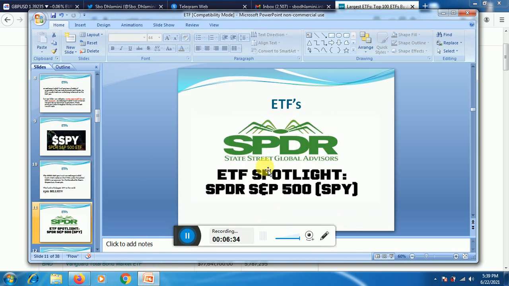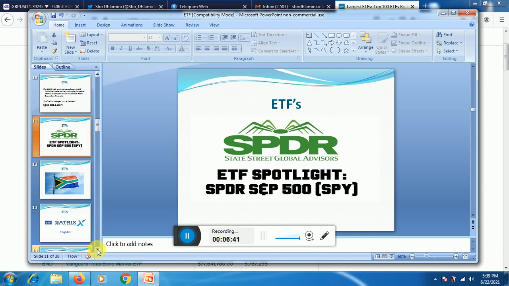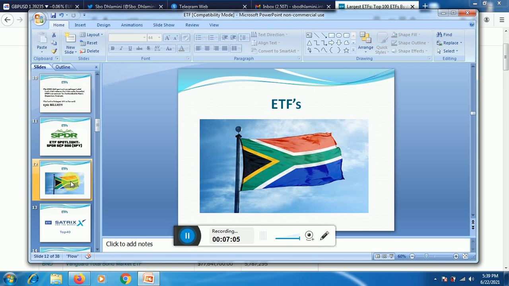The Spider Trust is held by State Street Global Advisors, an asset manager based in the United States. Those are just simple examples of ETFs that are there globally. There are many other assets which fall under ETFs, but I chose simple examples that are familiar on most platforms.